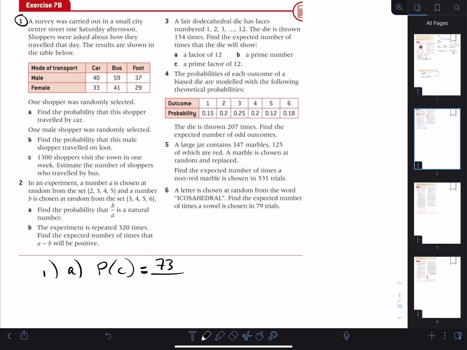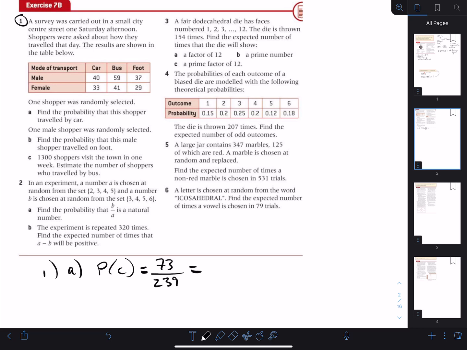So 40 plus 59 plus 37 plus 33 plus 41 plus 29. 239. I think. Okay. Hope I got that right. Yep, feels right. And then you can turn that into a decimal.